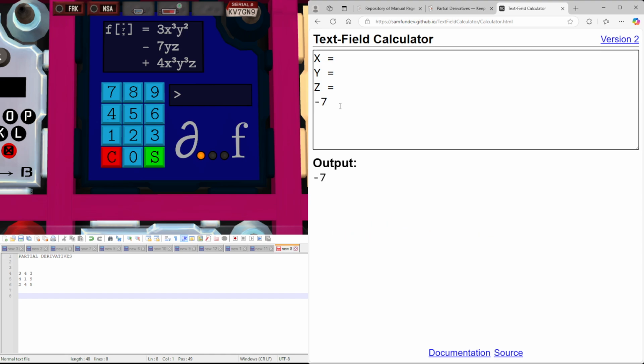We get minus 7y and plus 4x cubed y cubed. Sure, this gives nothing. This just takes away Z. This also just takes away the Z.